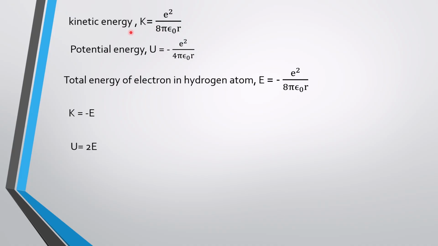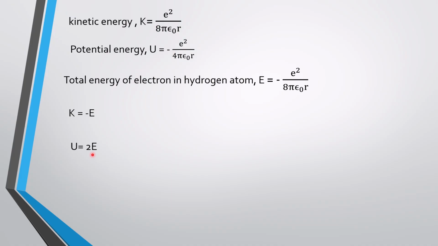Kinetic energy of the electron K is equal to e square by 8 pi epsilon 0 r. Potential energy U is equal to minus e square by 4 pi epsilon 0 r. Total energy E is equal to minus e square by 8 pi epsilon 0 r. So now we can write, on comparing, K is equal to minus E and U is equal to 2E.